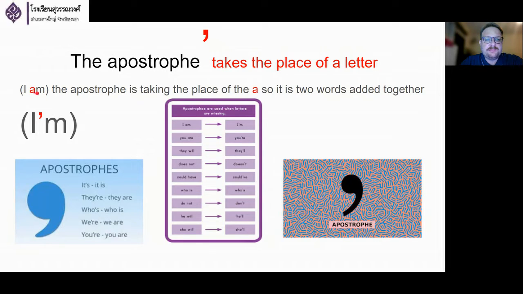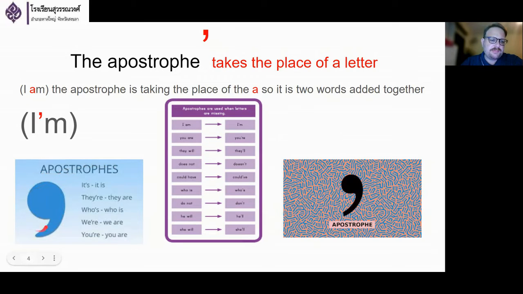I am. The apostrophe is taking the place of the A, so it is 2 words added together, and it becomes one. That apostrophe is like glue. It glues those 2 words together. It's like cutting and pasting it together. I apostrophe M. I'm. I'm is the contraction.